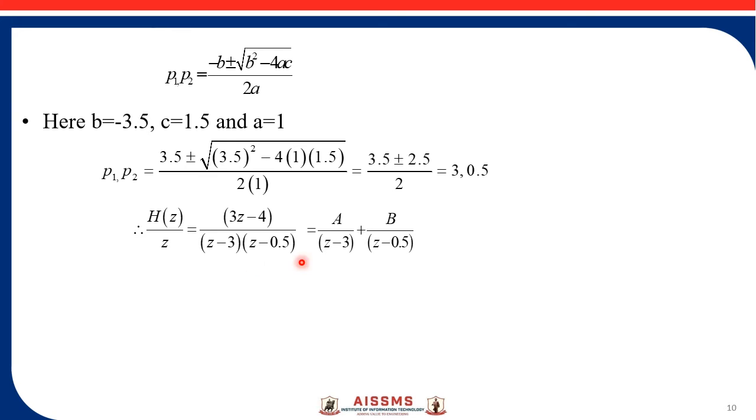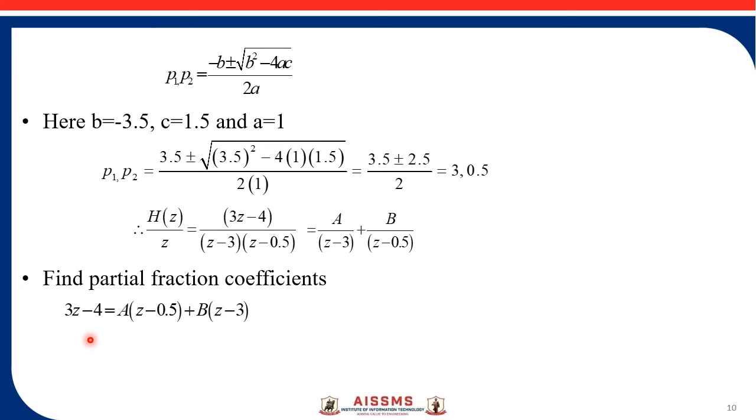Now let us find the partial fractions of this equation. So I am writing the simultaneous equations. As the denominators of LHS and RHS are the same, I am equating the numerators.